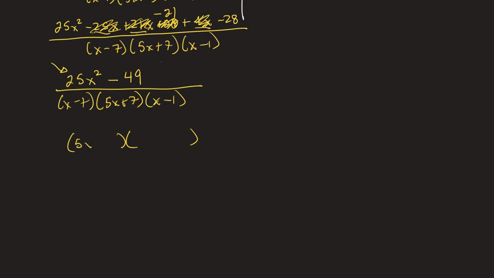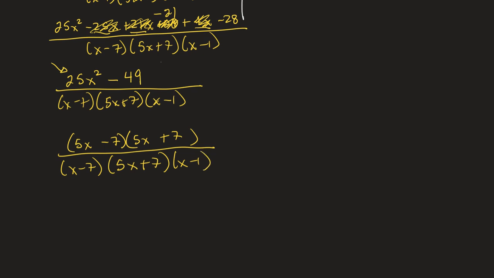So I could factor this to a 5x and a 5x, and it would be a minus 7 and a plus 7. And then on the bottom, I just so happen to have one of those down there. And so the 5x plus 7's both cancel. So my final answer will be 5x minus 7 all over x minus 7, x minus 1.